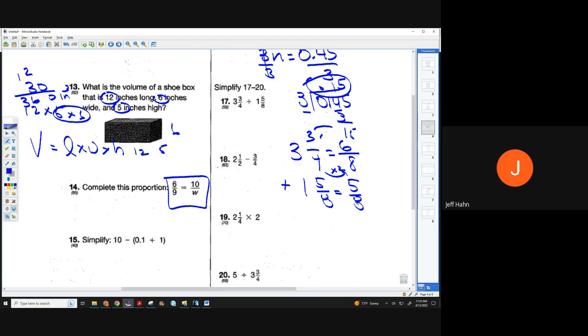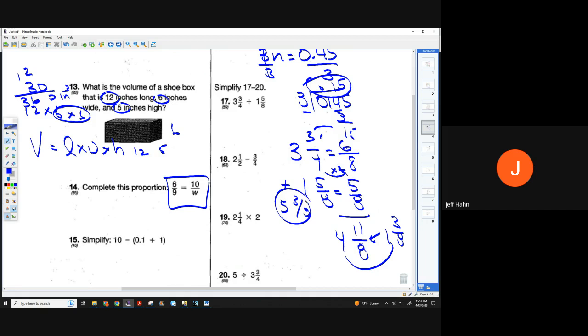What do you get when you add 6 8ths and 5 8ths? I forgot to multiply 5, so I had a 1. You made 5 8ths and turned it into 1 8th? That'll get you. So 6 plus 5 is 11 8ths. And 3 plus 1 is 4. You need to make this a mixed number, which is 1 and 3 8ths. And combine the 4 and the 1 for 5 and 3 8ths. You know what's going on now?